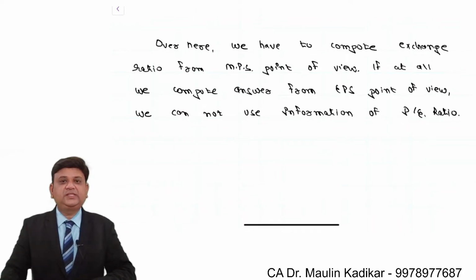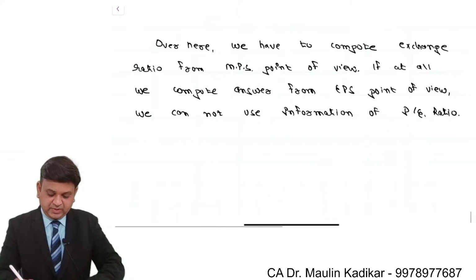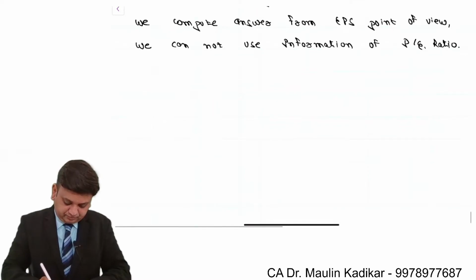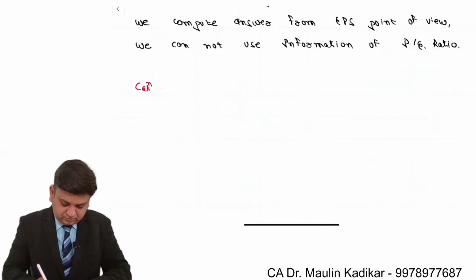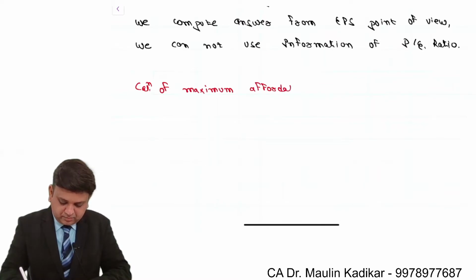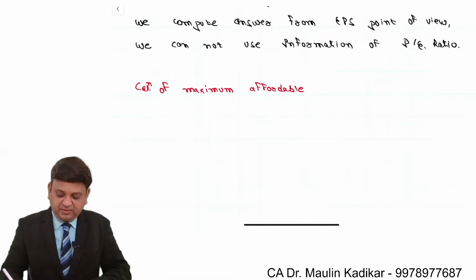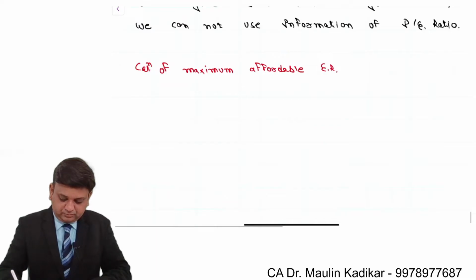Now friends, we know that C Limited is an acquiring company. So whatever is the MPS of the merged firm, itself is the MPS attributable to C Limited. So we understand like this. Calculation of maximum affordable exchange ratio to C Limited.